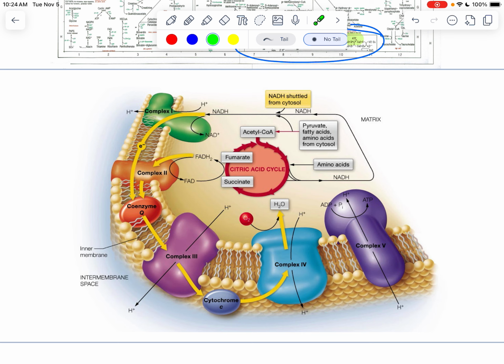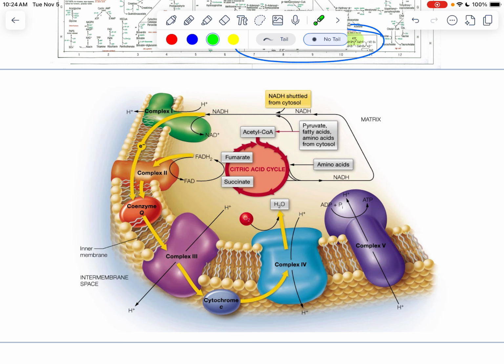And so the electrons in 1 and 2 are picked up by this coenzyme Q and carried into complex 3, where they're passed to cytochrome C, which passes them off into complex 4, where that oxygen is reduced to water. We saw that complex 1, 3, and 4 are all protein pumps.